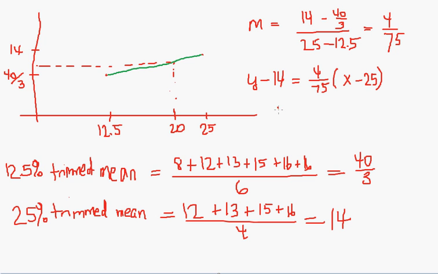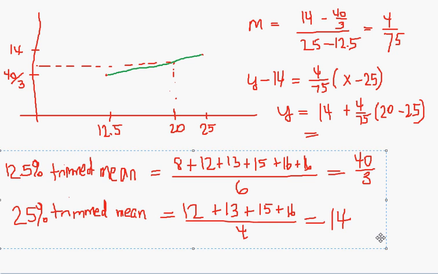To get the 20% trim mean, we replace x by 20 and solve for y. So 14 plus 4/75 times 20 minus 25. Okay, now let me clear out the bottom down here.